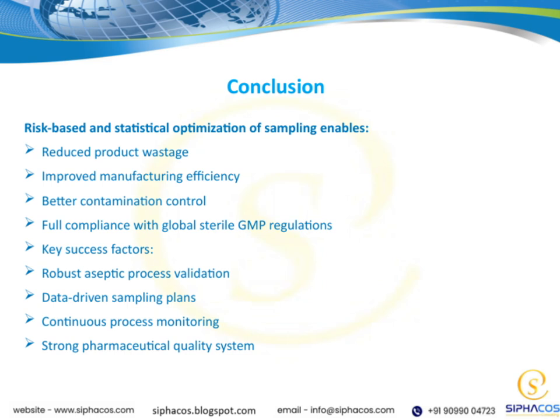And finally, maintaining a strong pharmaceutical quality system ensures we have the right structures and culture in place to support these efforts. When we connect these points to the overall theme, it's clear that integrating these strategies not only improves product quality and compliance, but also enhances our operational resilience and efficiency in the long run.